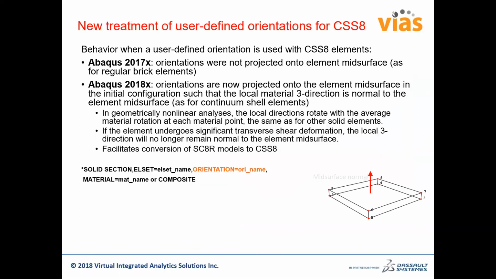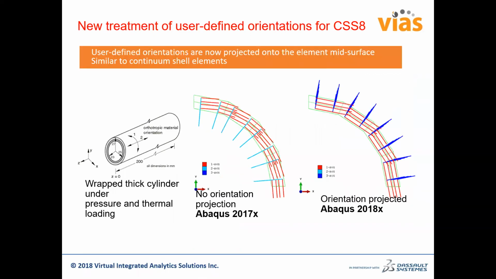Another thing is that in the CSS elements, till 2017X, all the normals, as you'll see here, were actually defined at nodes. So if you have a circular surface like this, then the normals were radial, which does make sense, but those were not normal to the mid surfaces of these elements.